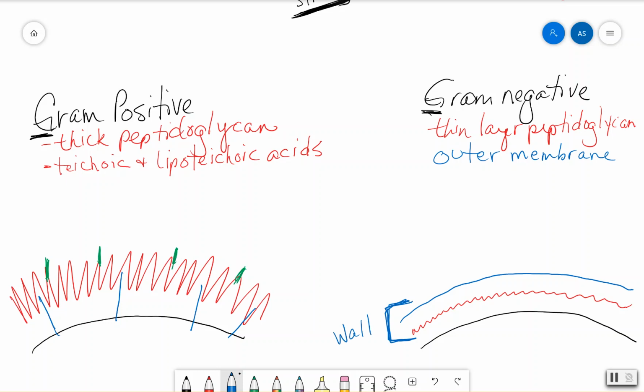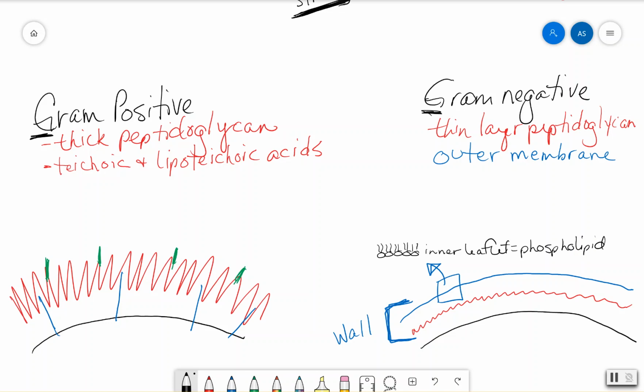Now this outer membrane is unique. If we just make a little blow up here, it's not a phospholipid bilayer. The inner leaflet, which is the part closest to the peptidoglycan, is made up of phospholipids, just like the cell membrane.